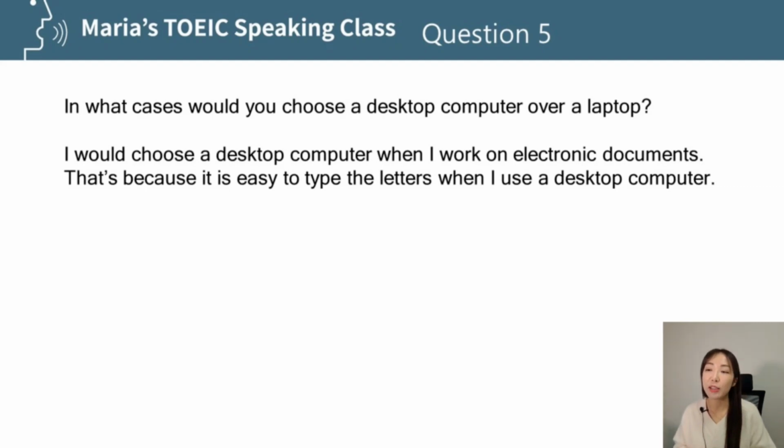I would choose a desktop computer when I work on electronic documents, 전자문서, 문서 작업할 때. That's because it is easy to type the letters when I use a desktop computer. 데스크탑 컴퓨터 이용할 때 타이핑, 문자 타이핑 하기가 훨씬 쉬운 것 같아요. 좀 더 공간에 여유가 있고 키보드도 좀 더 크고 그래서 저는 문서 작업할 때라고 했습니다.